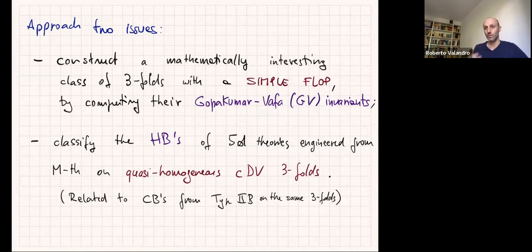On the other hand, we were able to classify the Higgs branches of an infinite class of 5D theories that correspond to an infinite class of Calabi-Yaus that are classified and are called quasi-homogeneous compound Du Val threefold isolated singularities, which are relevant, for example, for CFTs coming from type IIB compactified on the same threefolds. Maybe I can say also something about this later.